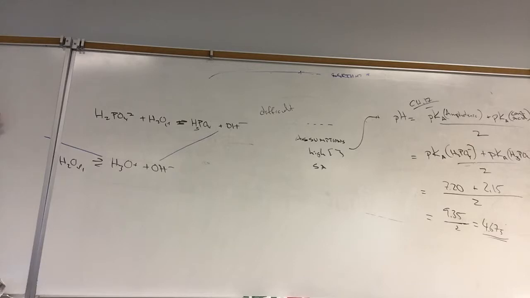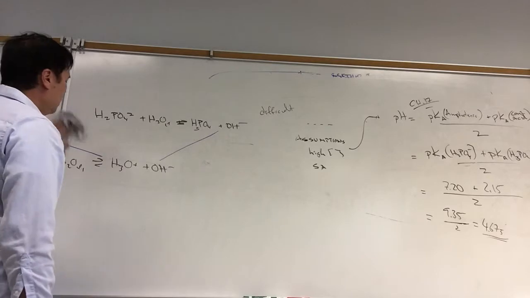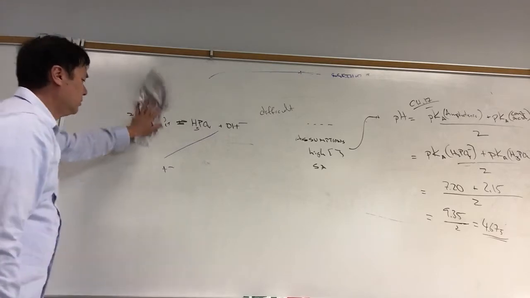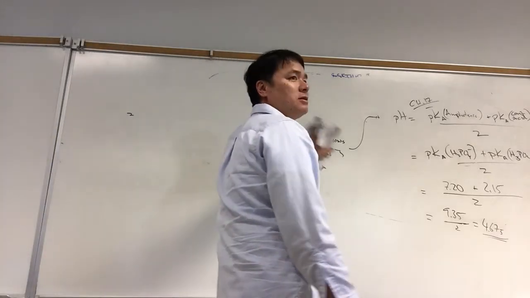But the amphoteric that's generated has one of the K's, like Kb, already compensated for in the previous step, right? So we don't have to worry about it. And so acids, we always do Kas. Bases, we always do Kbs. And that's it. We don't worry about all the others. But the only exception is amphoterics.